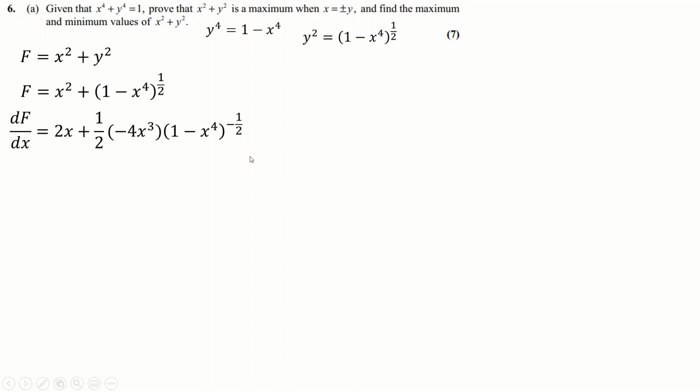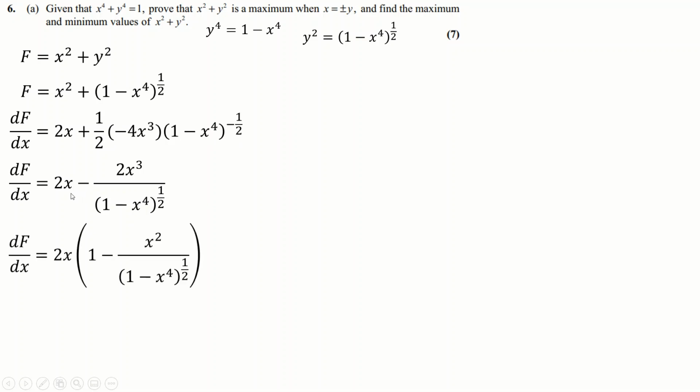Now I want this to be 0 for maximum and minimums. What did I do here? Oh, I just tidied it up a little bit, didn't I? That's fine. I want this to be 0 for maximum and minimums. I factorized out there, which is fine. Just take a 2x out of this, and then, yeah, sure, that's fine. So now I've got a product, and the reason I wanted a product, this thing times this thing, was because, again, I want df by dx to be 0, so that means that either 2x is 0, or this thing is 0.